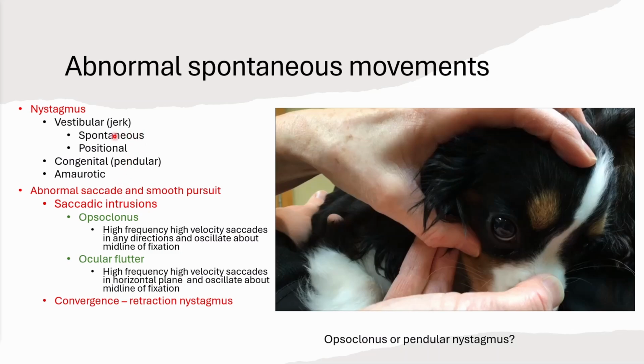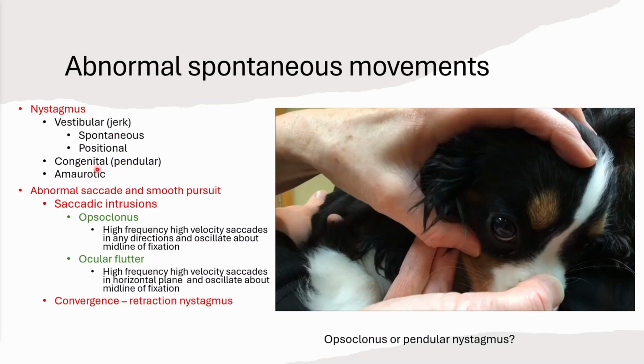So with a vestibular nystagmus, you get a kind of fast jerk to one side, and then a slow movement to the abnormal side. I should say that really goes the other direction, so you get a slow drift to the side of the lesion, then a fast jerk back, correcting it. So it's drift, jerk back, drift, jerk back.